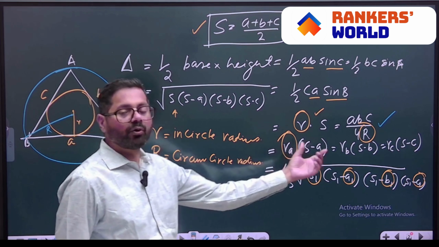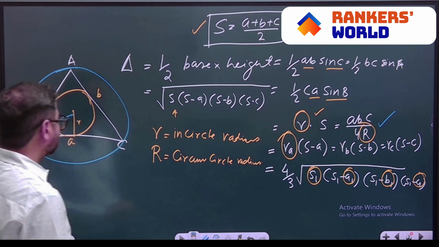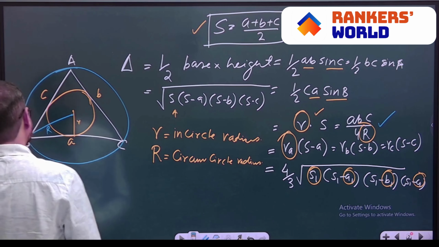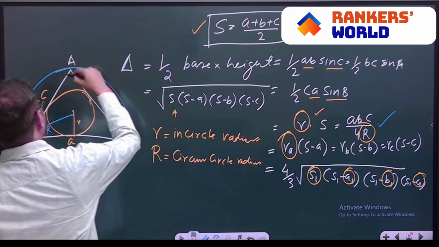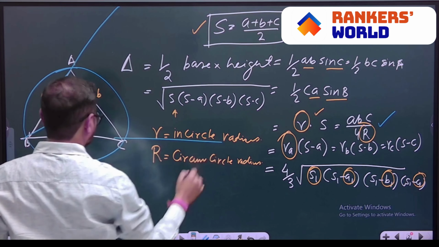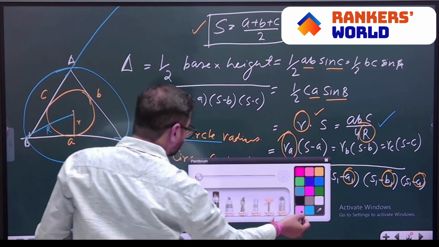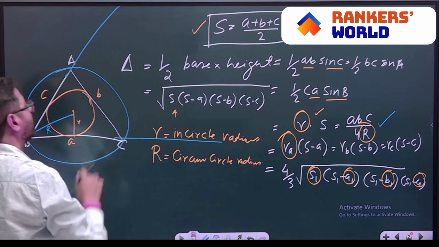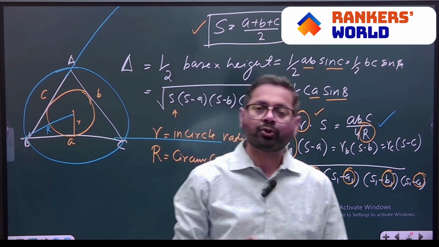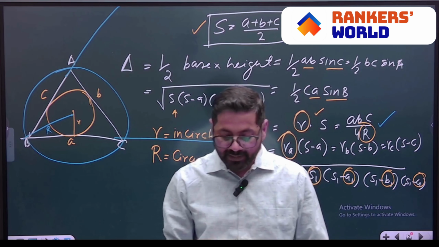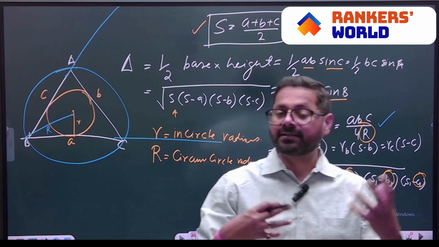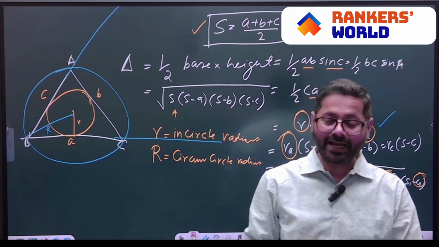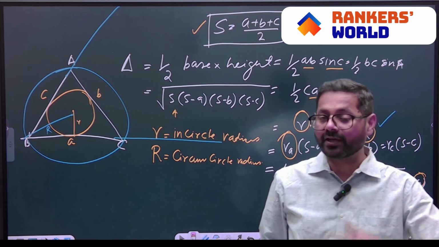What is RA? What is SA? This is called the ex-circle radius. Ex-circle radius means if I extend the sides and draw a circle which touches two of the extended sides, it is a bit one step up, and you need to listen to this word again and again.